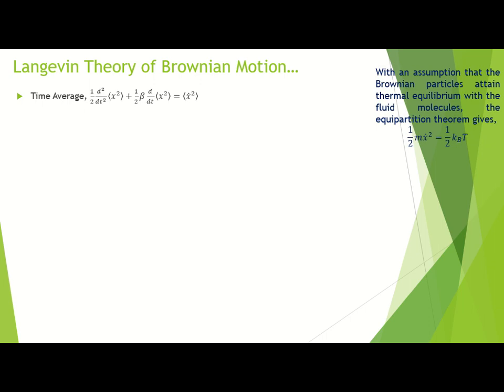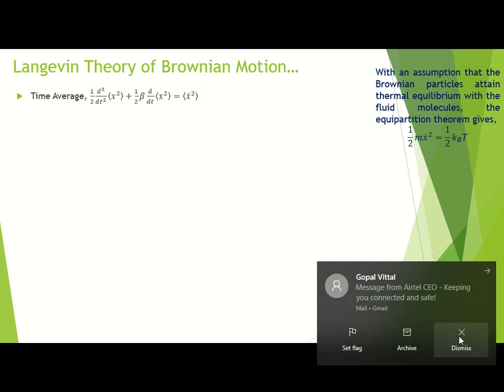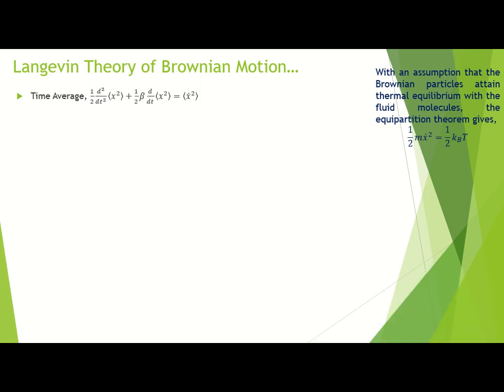So one more assumption comes in here. The assumption is, if you remember the equipartition theorem, for each degree of freedom, if the energy in that degree of freedom is expressed in terms of the square of the variable, then the contribution of that degree of freedom to the total energy is half kBT.